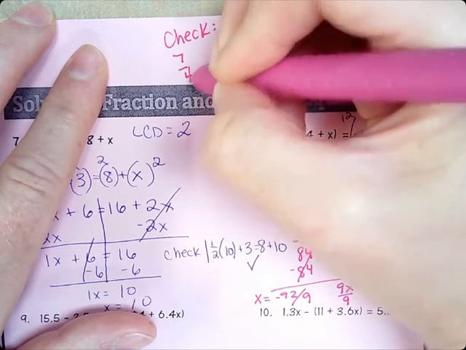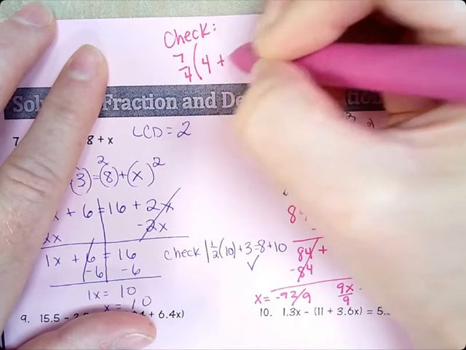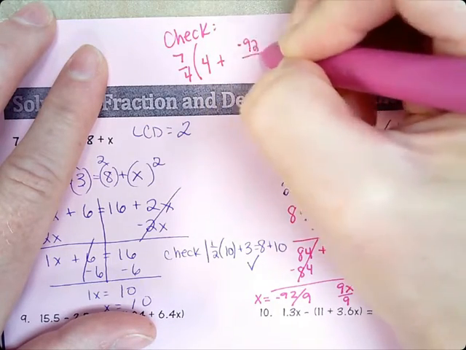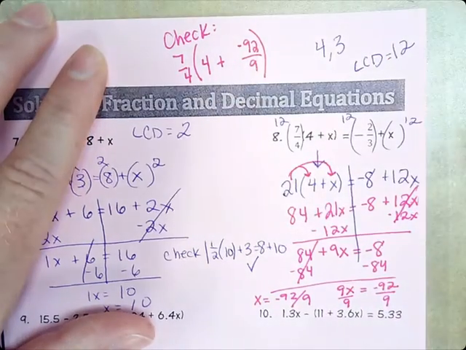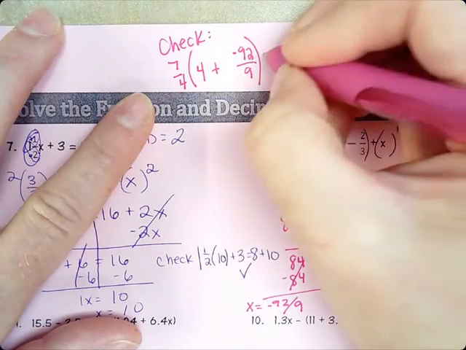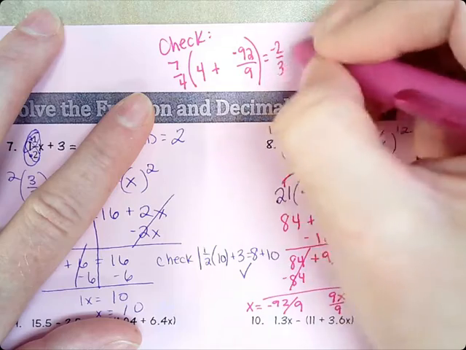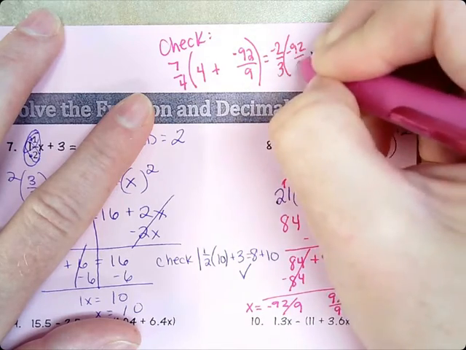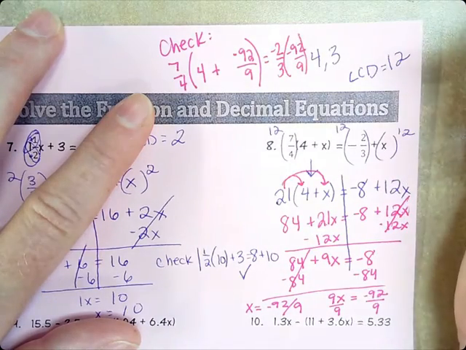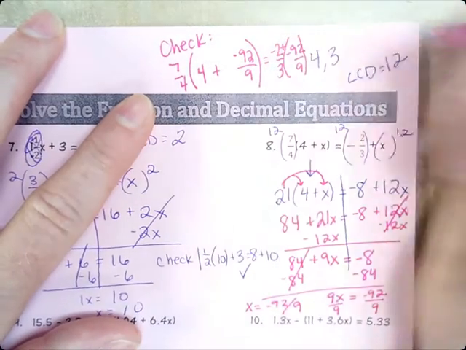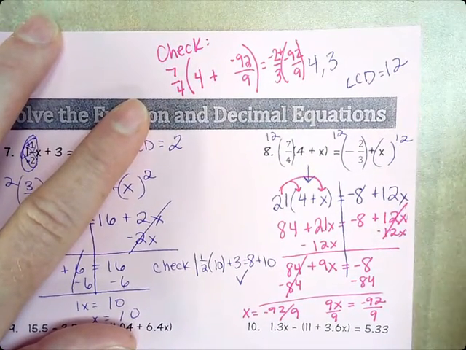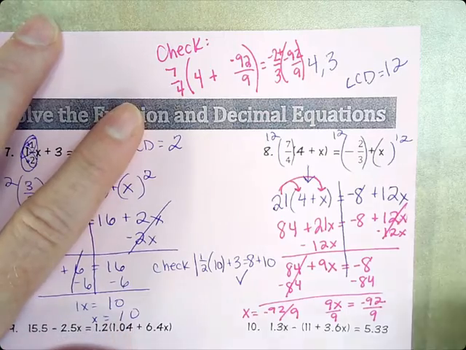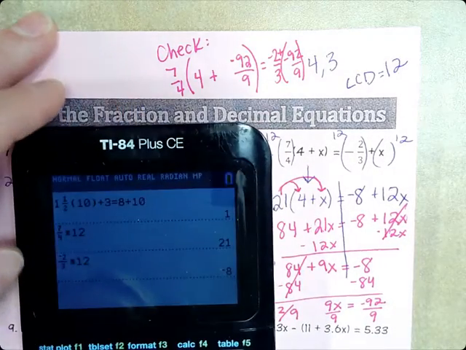7 over 4 parentheses 4 plus negative 92 over 9 equals negative 2/3 times, no, not times, sorry, plus 92 over 9. It's just negative 2/3.